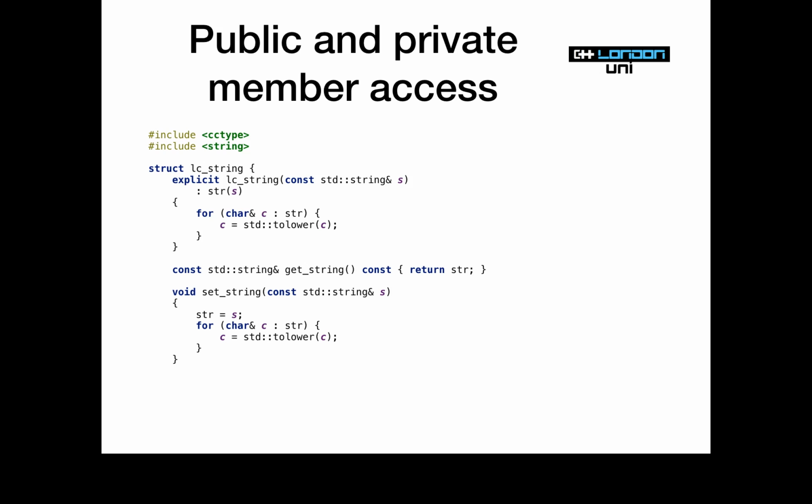They might have given us a string full of capitals, so first of all, we store the new string they've given us, and then again we loop over it and change every character to its lowercase version. Can we do that if it's a constant? No, getString is read only. This function is not marked as const, so you couldn't call this function on a const LCString.